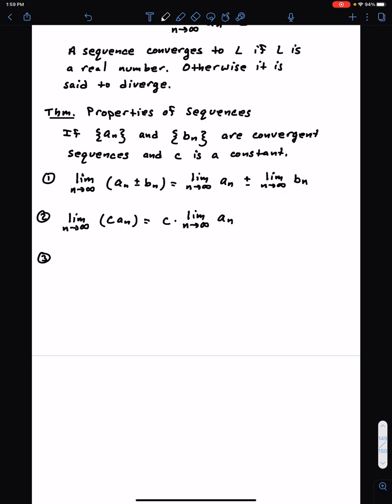The limit of the product of two sequences. So the limit as n approaches infinity of a sub n multiplied by b sub n is equal to the limit as n approaches infinity of a sub n times the limit as n approaches infinity of b sub n.